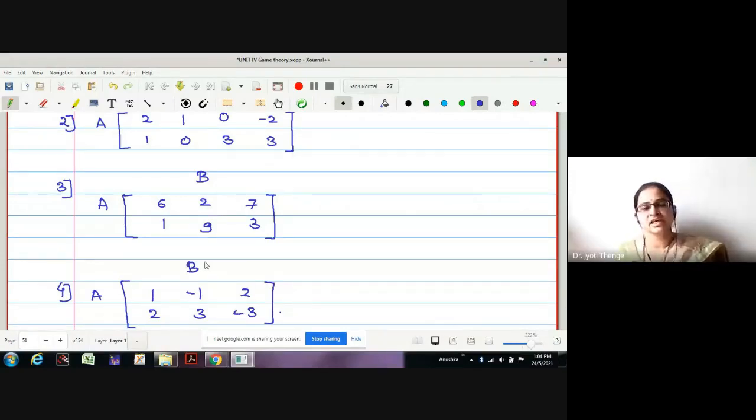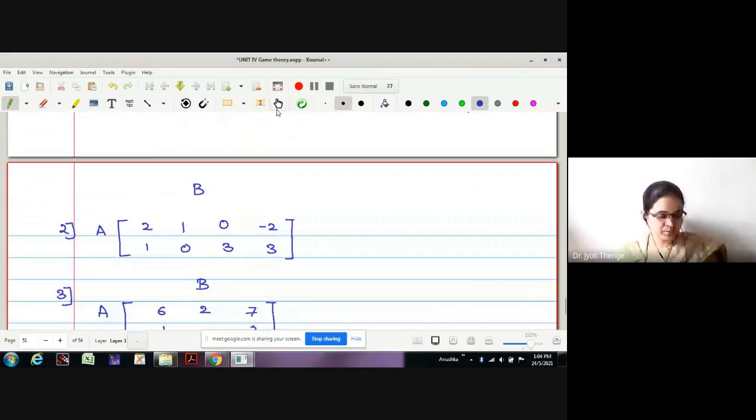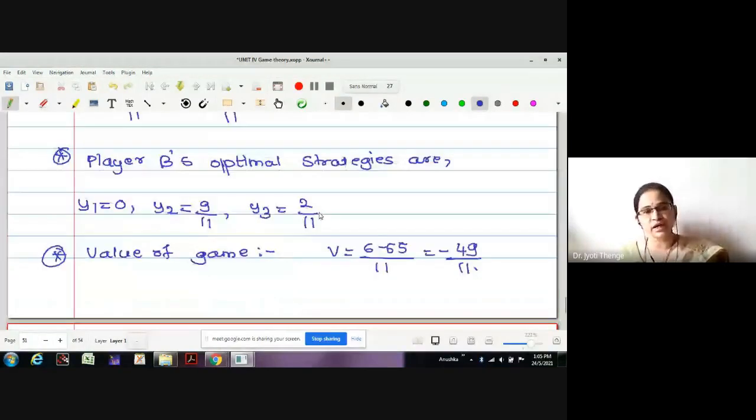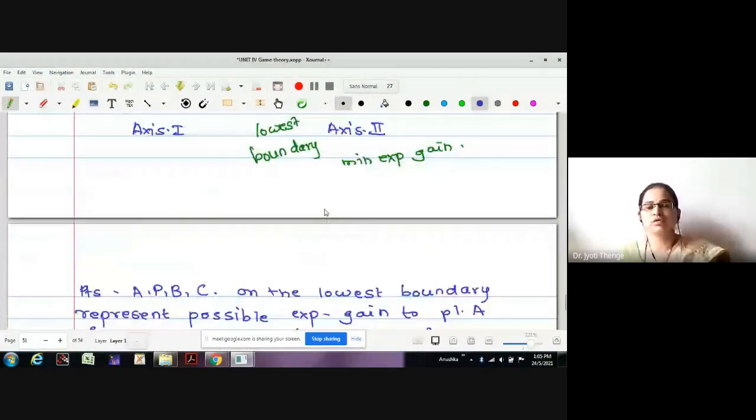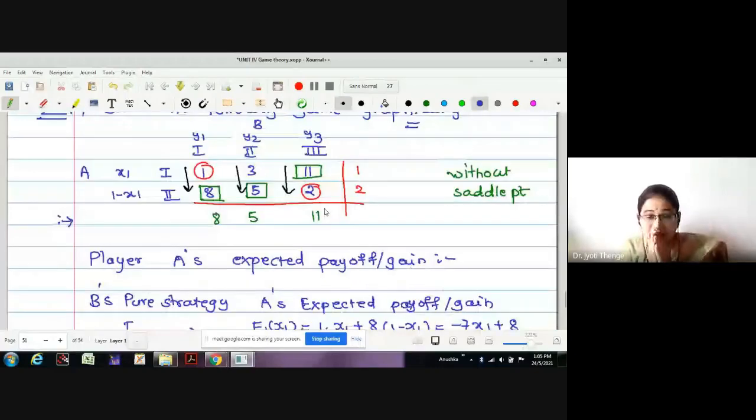And in the next lecture, we will go for games of m by 2 type, that is m rows and 2 columns only. Here we have seen an example of 2 rows and n columns. We will go for the m by 2 type of game in the next lecture.